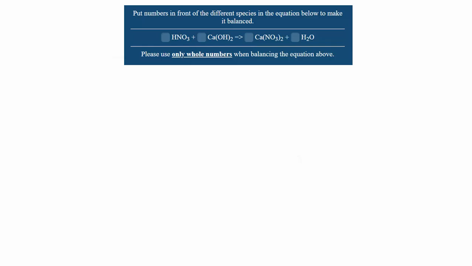Well, the first thing I'm going to want to do is audit the number of atoms of each element present on both sides of the equation, both the left hand side and the right hand side. That's going to give me an idea of where the starting point is. Effectively, the framework produced makes it much easier to resolve the balance issues.